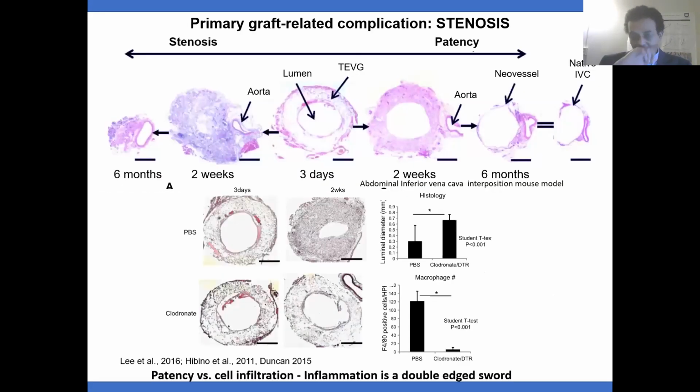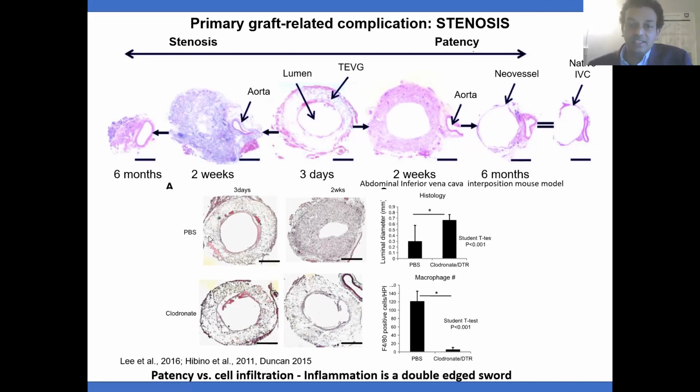Now, what a collaborator did at Nationwide Children's was they implanted these grafts into animals. Typically they work with mice, and they found that the stenosis had to do with the macrophage concentration in the wall. So they decided to treat for macrophages. They treated these mice with clodronate, which is a macrophage inhibitor.